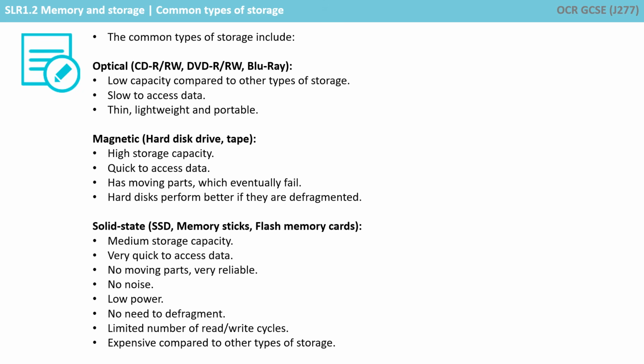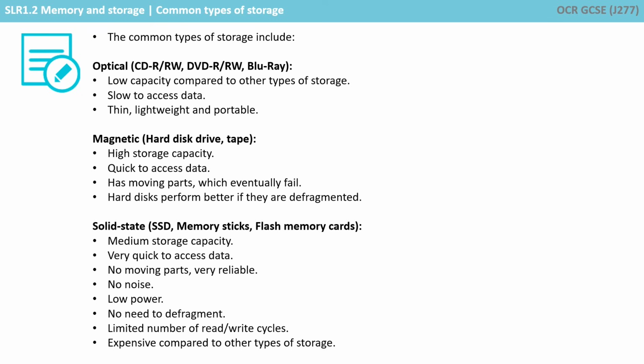So just to recap, the common types of storage include optical: low capacity compared to other storage, slow to access data, but thin, lightweight and highly portable. Magnetic devices: a very high storage capacity, quick to access data, but it has moving parts which eventually fail, and the hard disk performs better if defragmented.